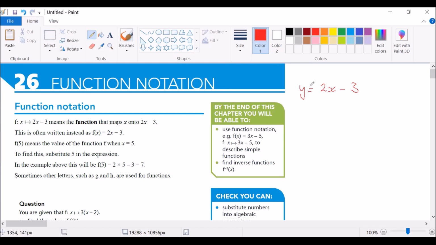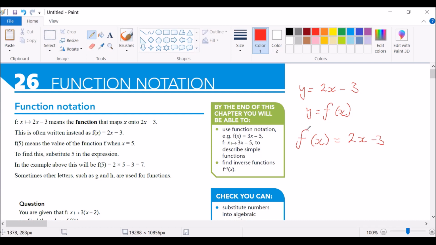So y depends on the value of x, and we can say y is a function of x. What does that mean? It means in order to get y, we have to do something to x. A function has to be applied, which is multiplying x by 2, then subtracting 3. So we can say f of x is equal to 2x minus 3.